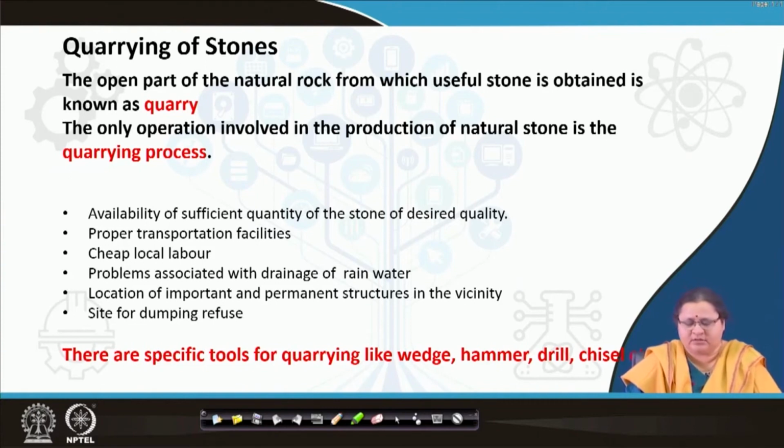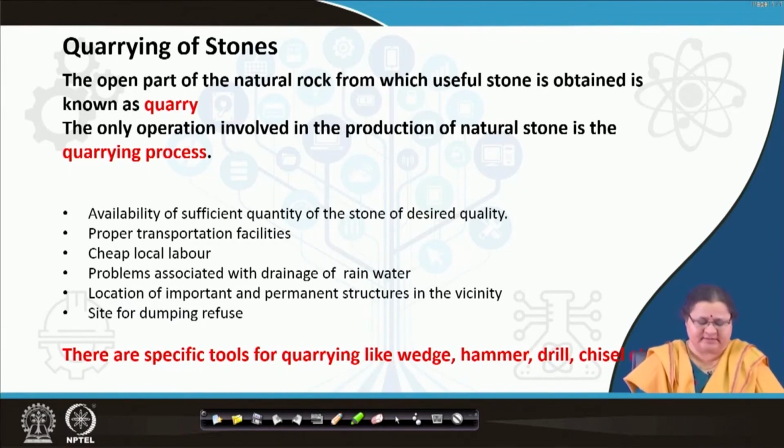The location of important and permanent structures in the vicinity is also to be considered, because you might need to do some blasting operations to dislodge the rocks from the quarry. And there should be a nearby dumping site, refuse site.